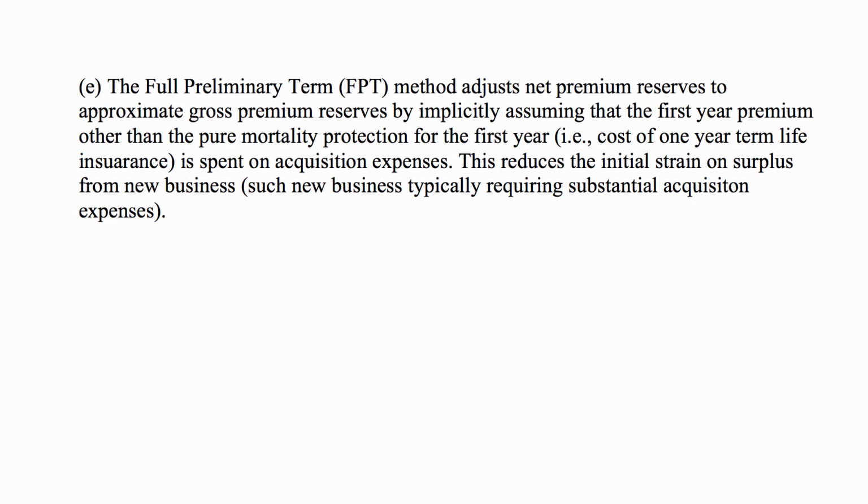So all of this portion of the premium becomes available for expenses. This reduces the initial strain on surplus from new business, such new business typically requiring substantial acquisition expenses. So paying the agent or paying for advertising and other expenses with cost of issuing a new policy.